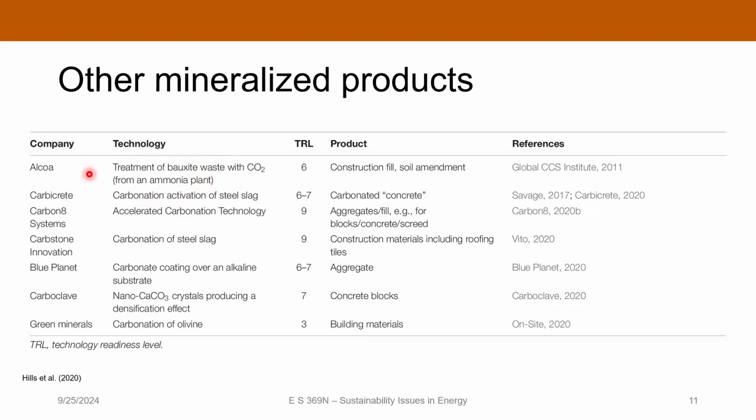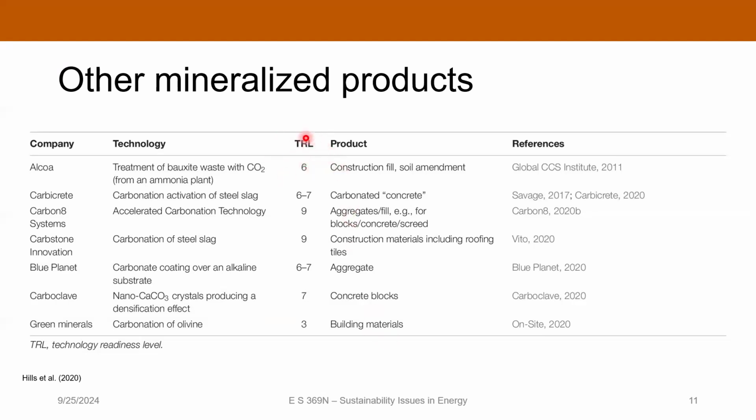So this is basically making activated carbon. Here's another company that's looking at that. Let's see, nano carbonate crystals, carbonating olivine for making building materials. So there's a lot of cool stuff that I think we're going to be seeing in the near future.